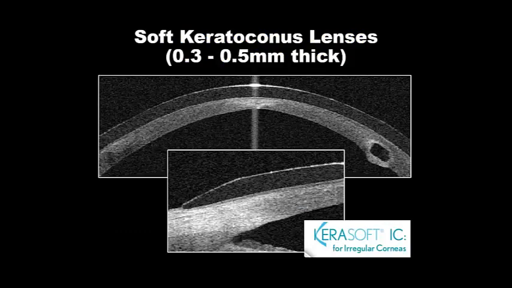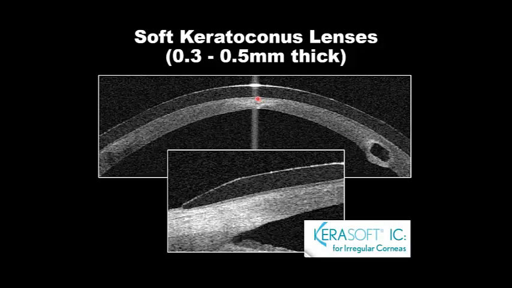Now, there's an option that Cardinal provides, called the Kerasoft, which is a very thick soft lens. These are dedicated specialty soft lenses for keratoconus, and through a much thicker medium, they're able to mask some irregularity, actually quite an impressive amount of irregularity, just through that thick plastic.